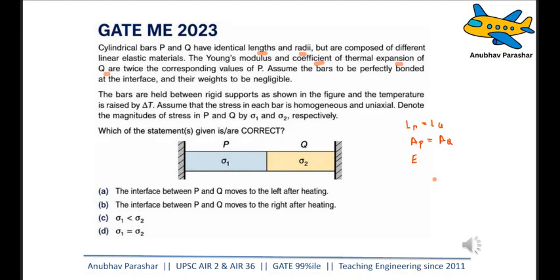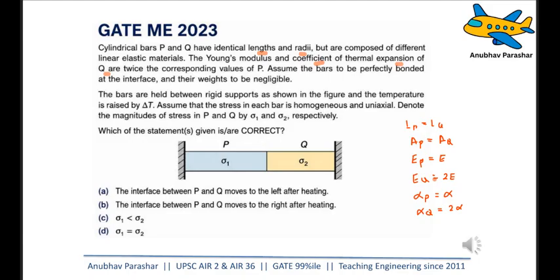If I'm assuming the Young's modulus of P is E, Young's modulus of Q is given twice of P, that is, it is going to be 2E. And same is the case with coefficient of thermal expansion. If I assume the coefficient of thermal expansion of P as alpha, then the corresponding value for Q will be 2 alpha. This is what is given in the question, right?